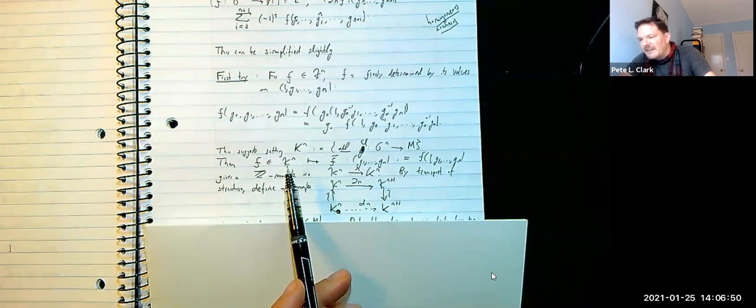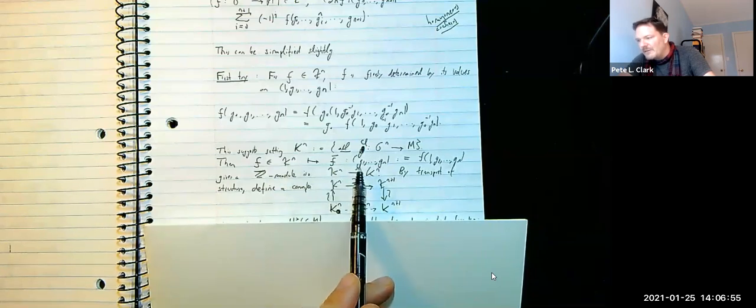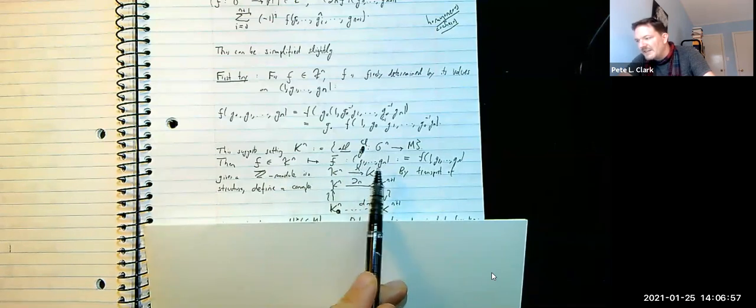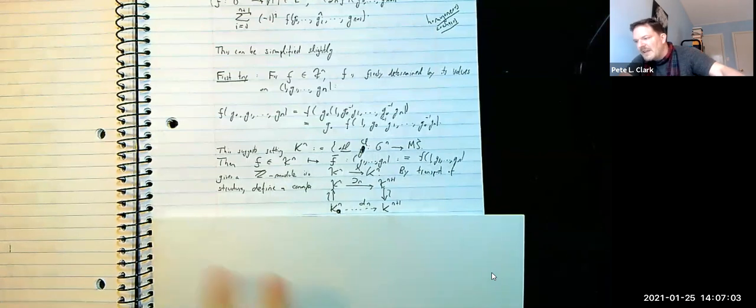So I take this bigger one and send it to f bar, where f bar of an n tuple g1 through gn is the original f evaluated at 1, followed by g1 through gn. And it's no problem to see that this gives us a Z module isomorphism from the first guy to the second.